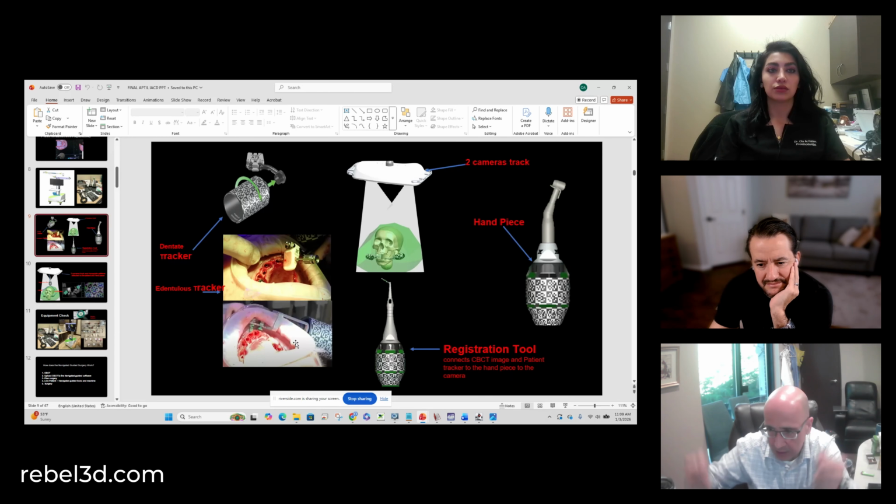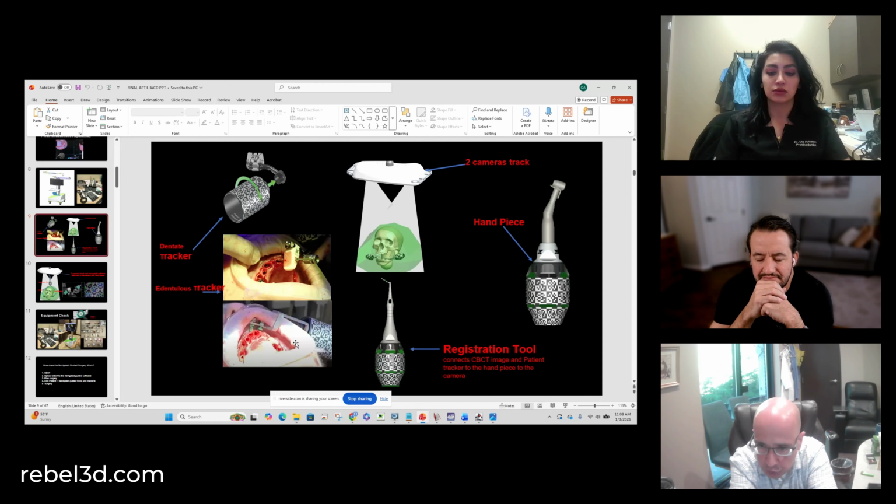Once the registration tool connects or introduces the map to your car, now you go and drive. And the satellite has to be all the time seeing the tower and seeing the handpiece to make the connections all the time related.